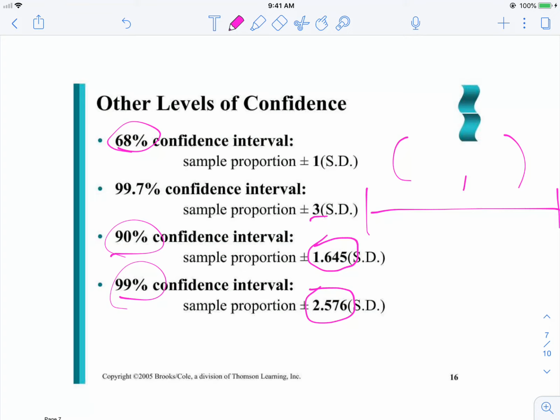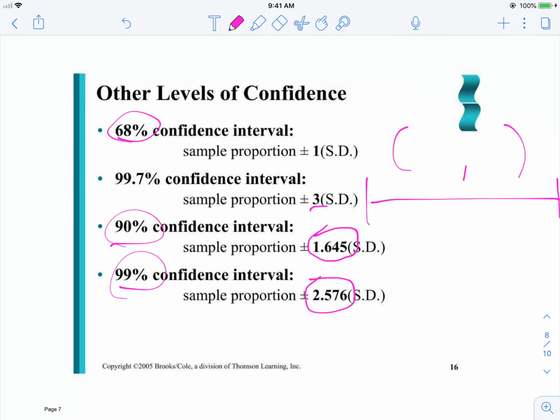So you could use those confidence levels. We saw one in our previous lesson with the EPA talking about secondhand smoke. They used a 90% level of confidence to avoid dropping below 0. But you could do those, but the calculation is just a little bit more complicated because it's no longer an integer that you're multiplying by.